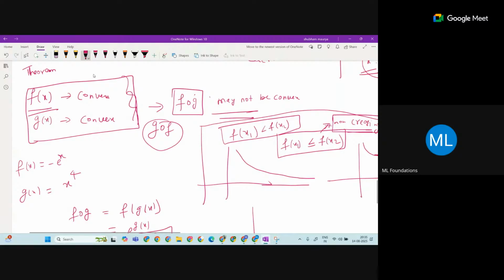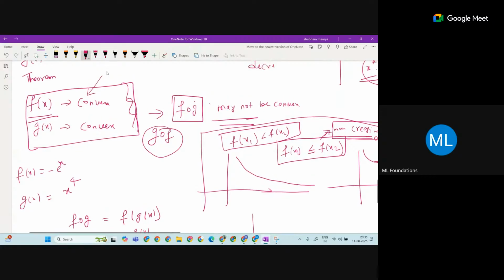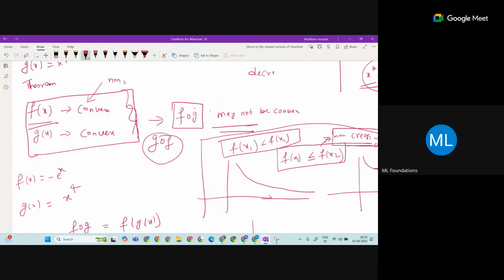When I'm imposing one extra condition on f, that it is non-decreasing, then the composition is going to be convex.